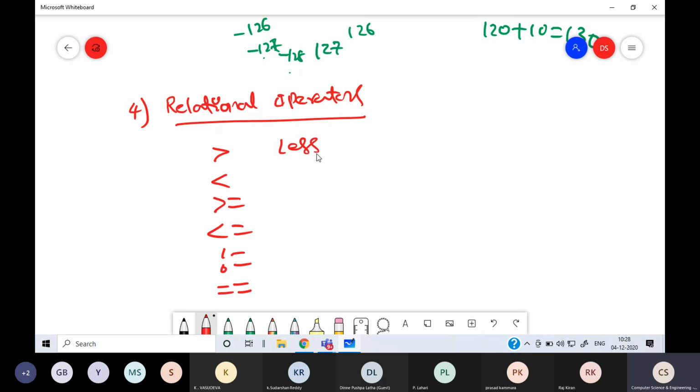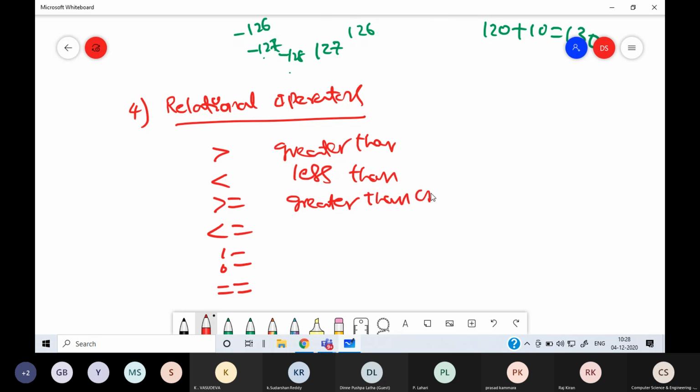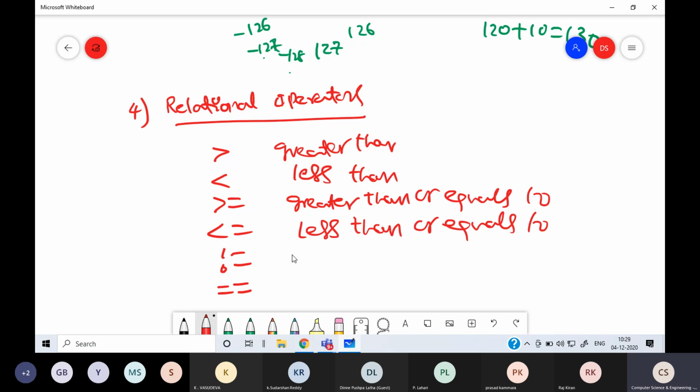This is less than operator, and greater than operator, greater than or equals to, less than or equals to, then not equals to.